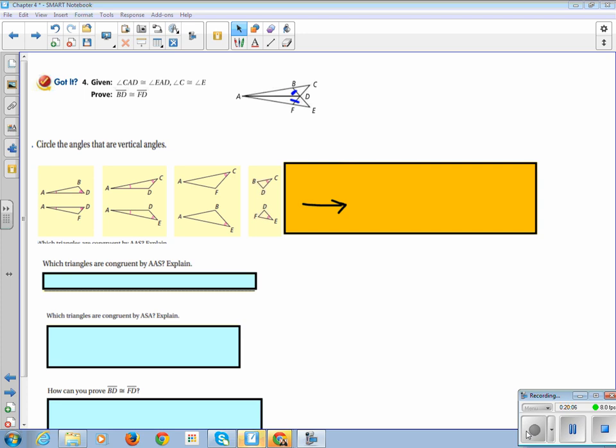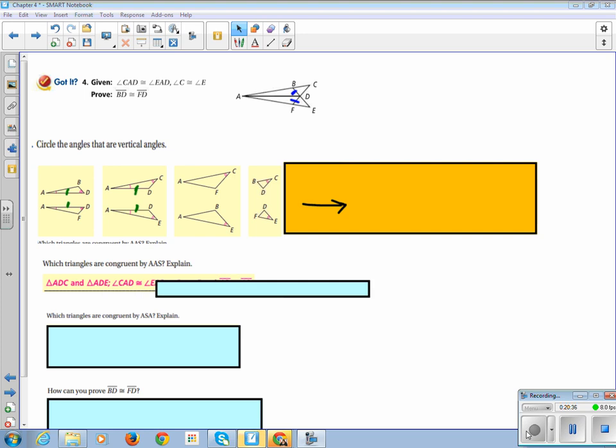So which triangles are congruent by angle, angle, side? So we're looking for, if you look, AD here is congruent to AD here. So this goes angle, angle, side. AD and AD here, that's angle, side, angle. We look here, the other two do not have.